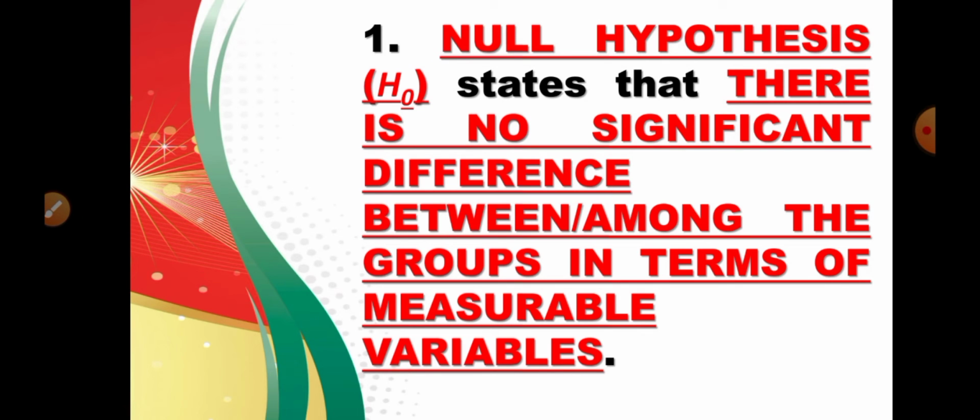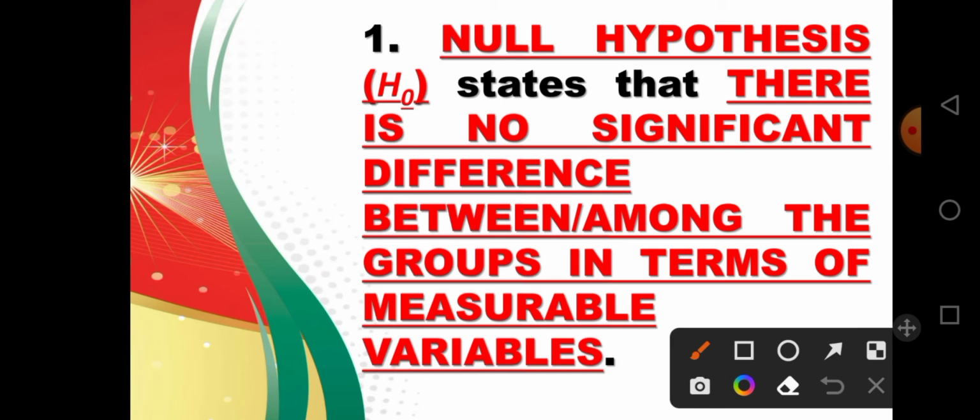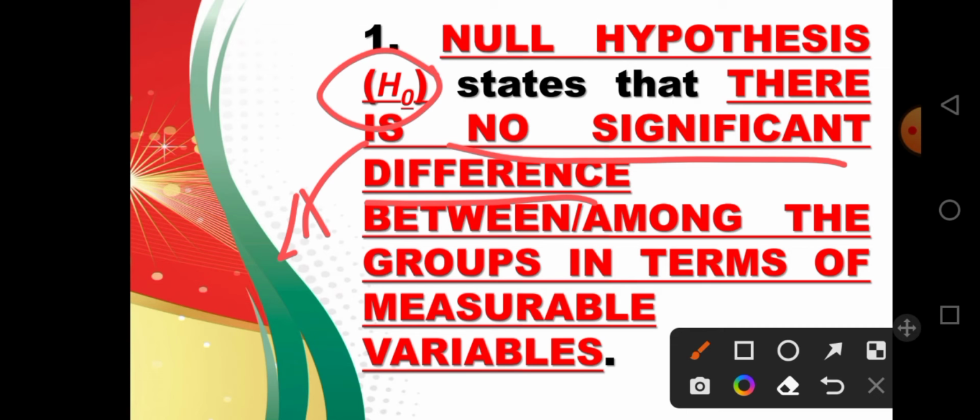So if you state that there is no significant difference, can we say that our product, let's say our output, is effective or not? So here, if we state our null hypothesis, we hypothesize or we imply that our product can have no effect.